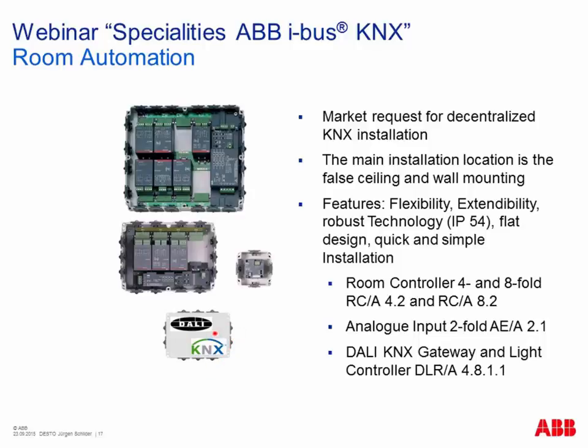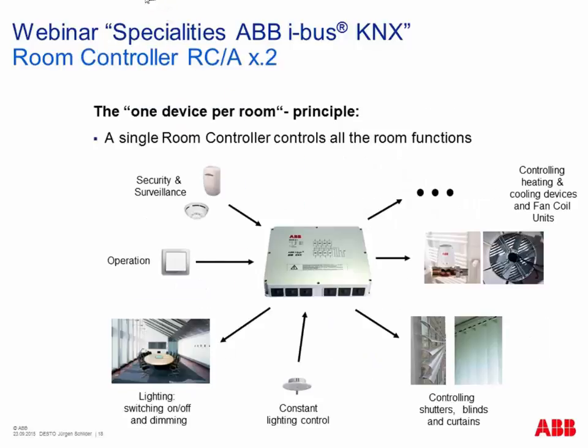It's a box, normally used for installation in the false ceiling or the underfloor, for example. And here also an analog input the same way. So it can be used, of course, also in this kind of installation, made for any decentralized installation. That's the target here.